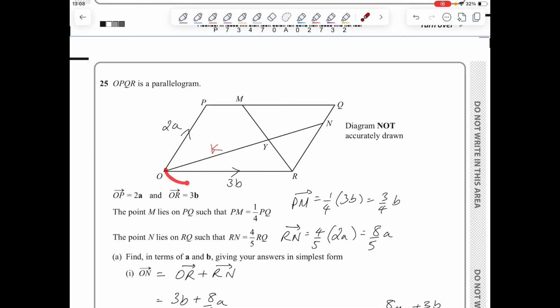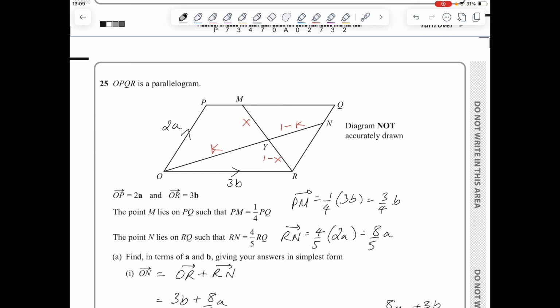Note that if this is k times the whole thing, then the remaining is 1 minus k. Now similarly, MY is a fraction of MR. Let's call this fraction x. So YR is the remaining fraction, so it's 1 minus x. You can use any letter for this one, doesn't make a difference.